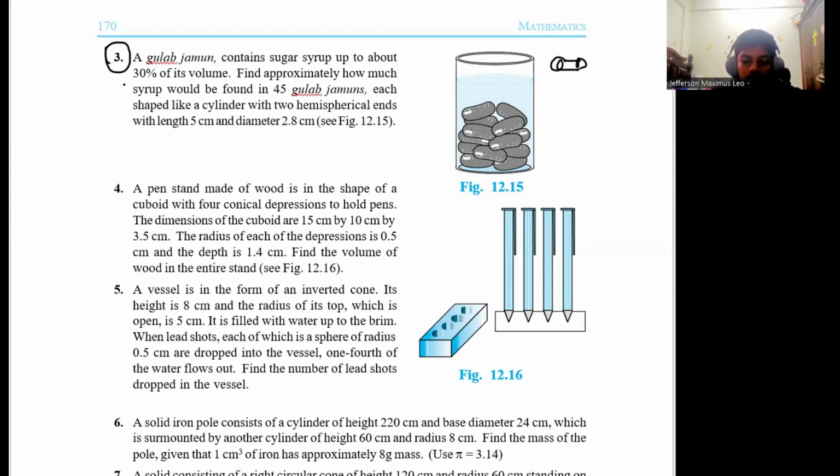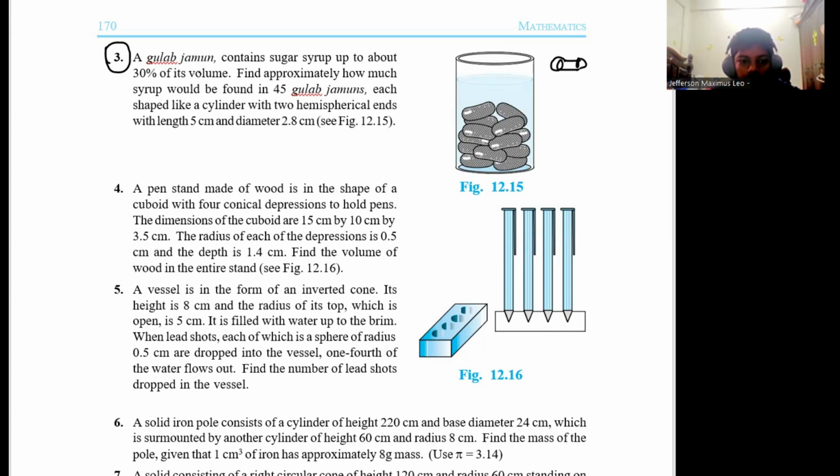Just read the question. A gulab jamun contains sugar syrup up to about 30% of its volume. Find approximately how much syrup would be found in 45 gulab jamuns, each shaped like a cylinder with two hemispherical ends, with a length of 5 centimeter and a diameter of 2.8 centimeter.